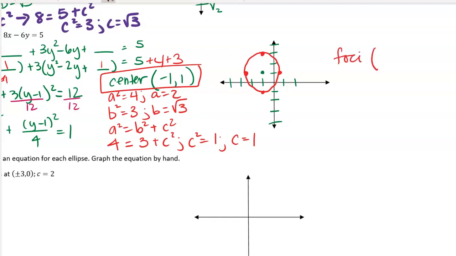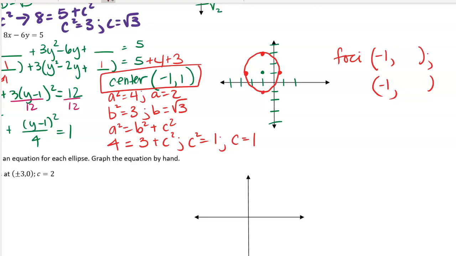Foci, we have to have 2 parentheses, guys, because we no longer do plus or minus, because they're not exactly the same number anymore. Okay, we know it is vertically positioned because the 4 is bigger than the 3 and the 4 is under the y. So what's changed, x or y, if it's vertically positioned? y. y is changing. That means x should be exactly the same as your center. True or false? Yeah, we'll fill that in. At least you get points for that.